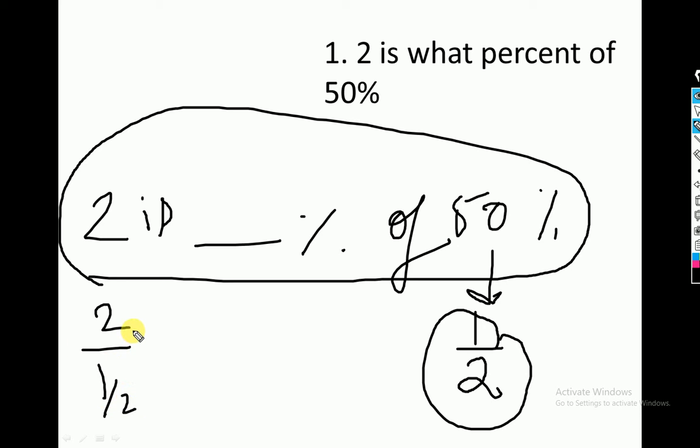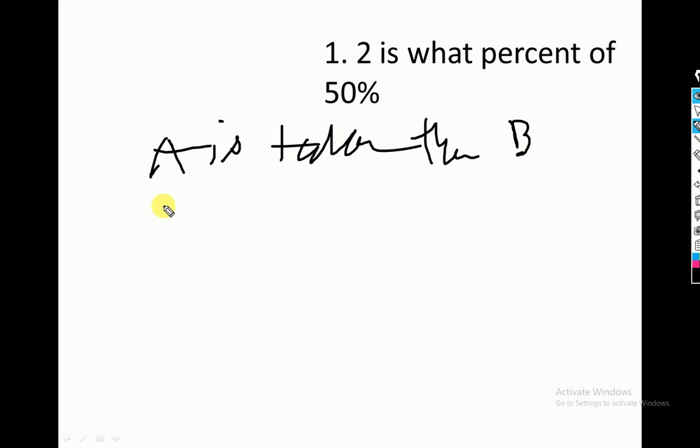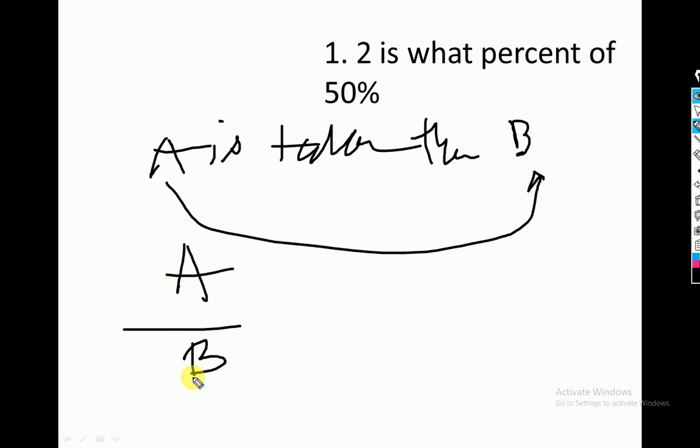If you are confused about which one to keep in the numerator and which one in the denominator, simply understand this. When we compare, we say A is taller than B. We are comparing A with B, so we write A by B, because B is the reference point.